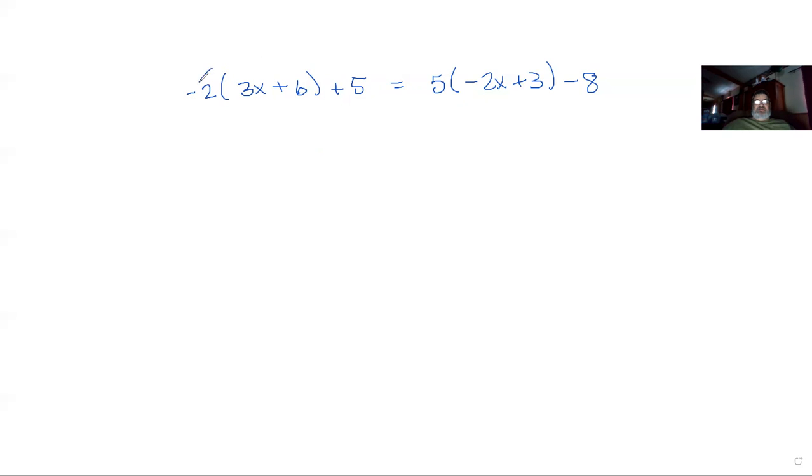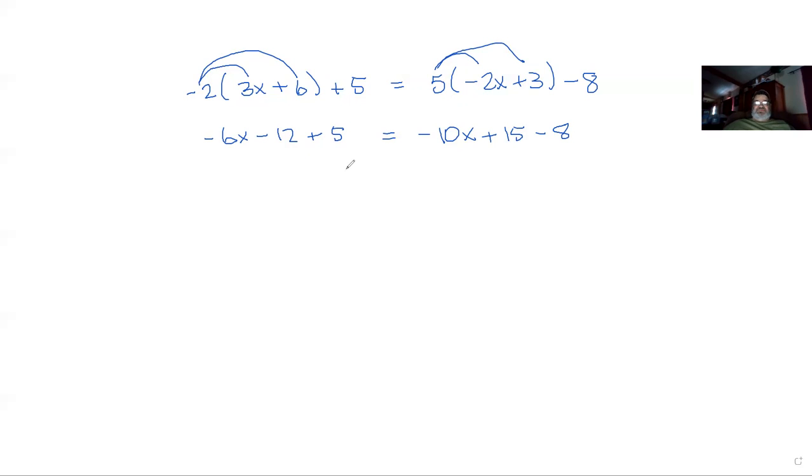So negative 2 times the 3x is going to give me a negative 6x. Negative 2 times a positive 6 is going to give me a negative 12. And then we're just going to bring down that plus 5. And we distribute, we'll have negative 10x. We'll have 15, and we'll just bring down the -8.